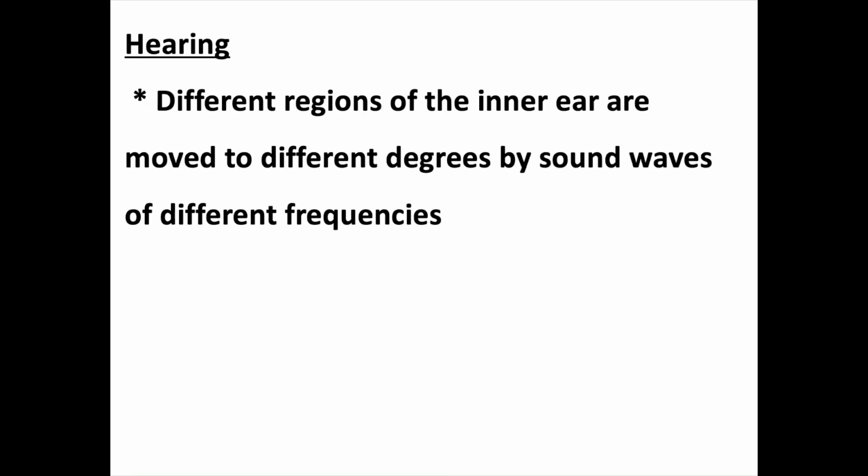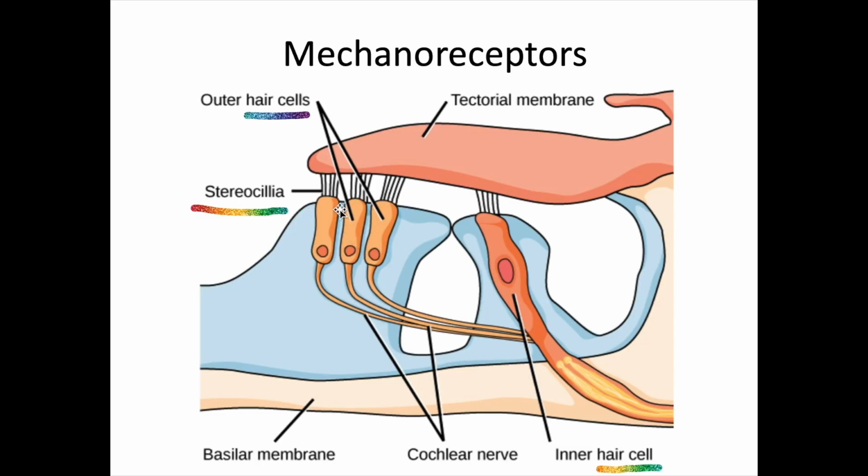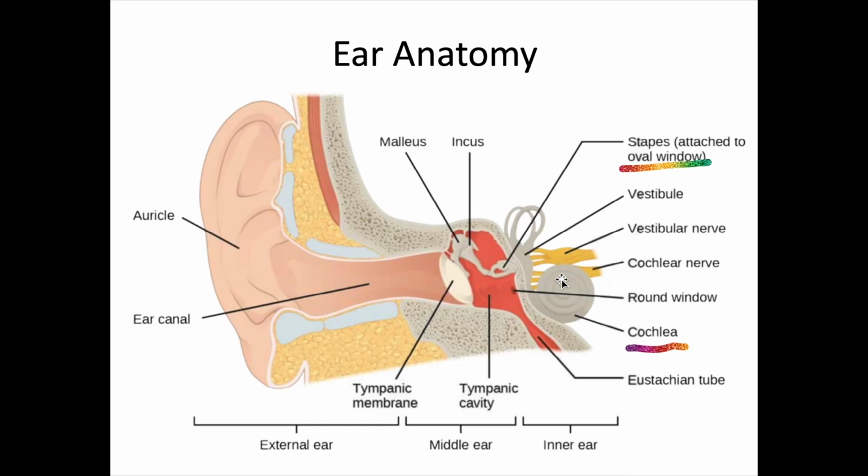That starts it out. Now, the reason why we are able to perceive the difference between a high amplitude wave, a loud sound, or a high frequency wave or a low frequency wave, different pitches of sound, is because this cochlea is a pretty big structure. There are lots of stereocilia located throughout this at different layers, at different parts of this.